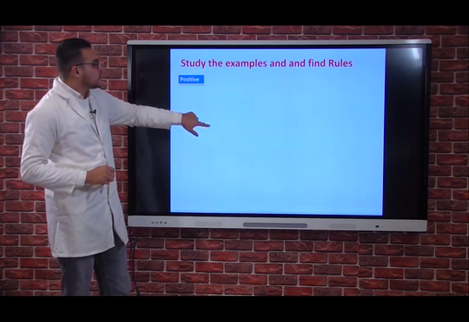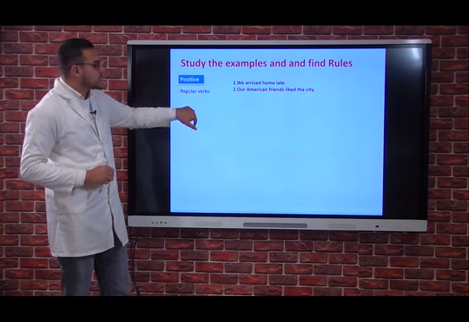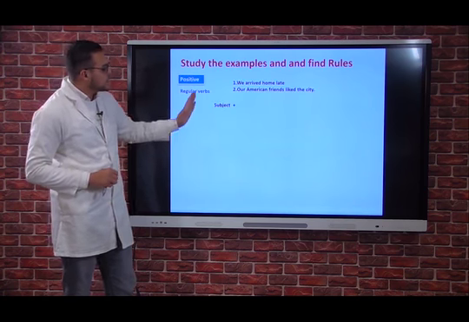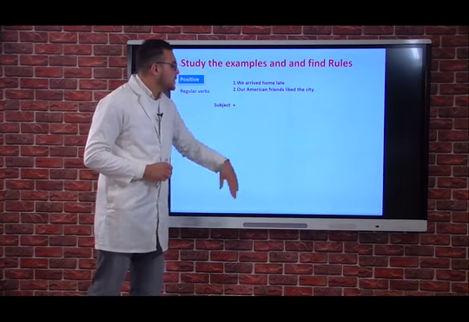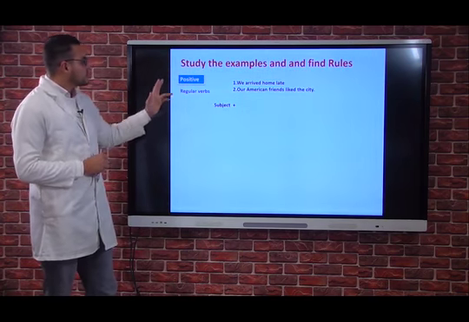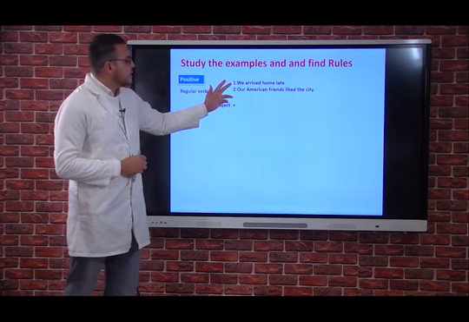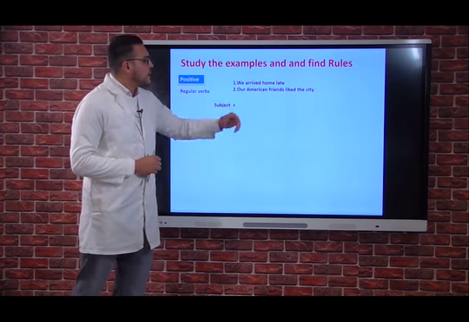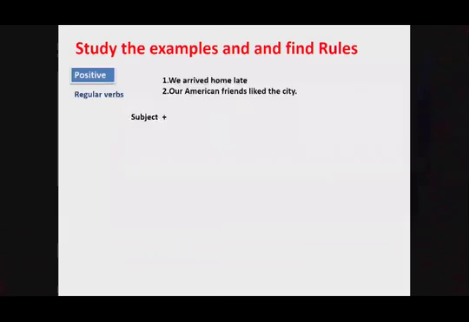Okay? So I need you to study the following examples and try to fill in this chart. Try to continue this structure in here. The first example, we arrived home late. We arrived home late, and we have a full stop in here, sorry. Number 2, our American friends liked the city. So we need a subject plus what?